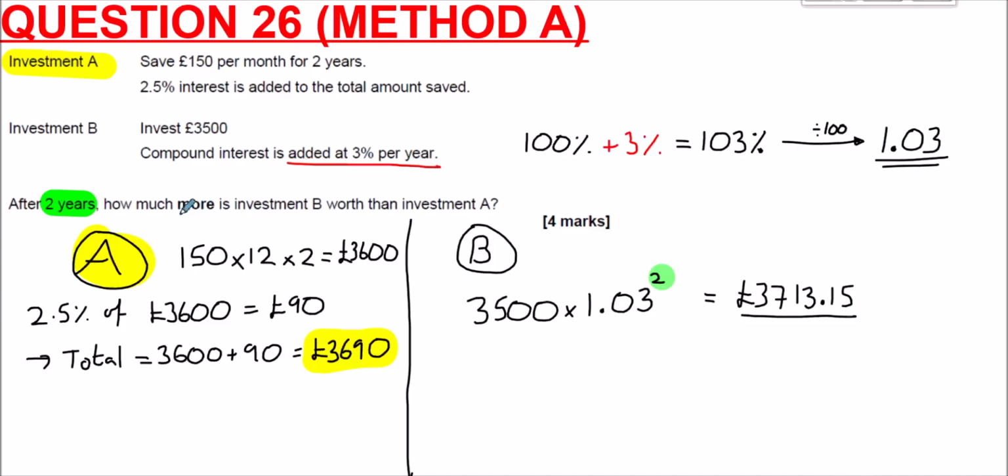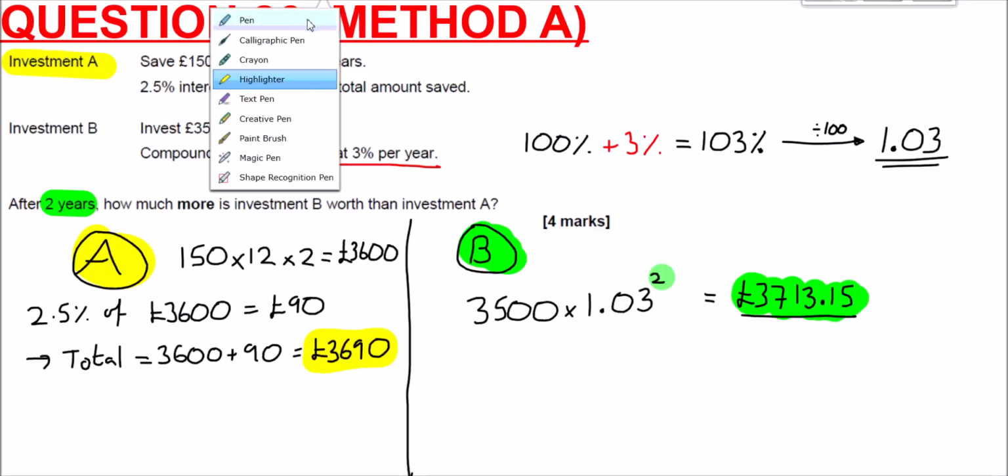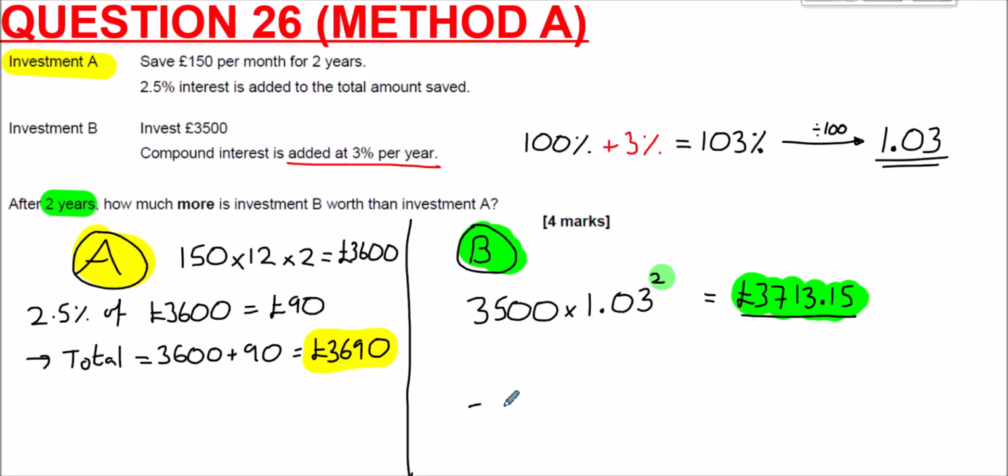But the question asks, how much more is investment B than investment A? So we've worked out B. So how much more is B than A? That's just the difference between them.